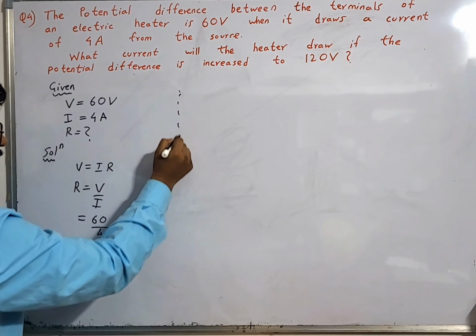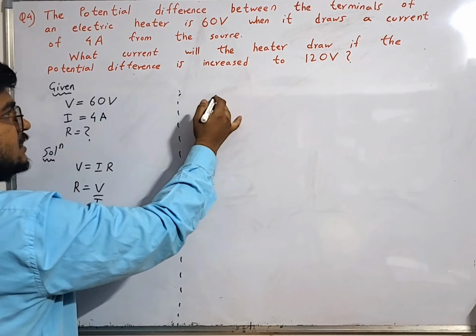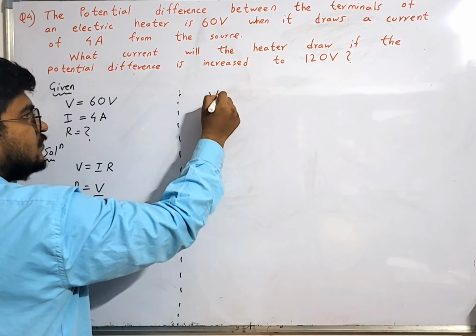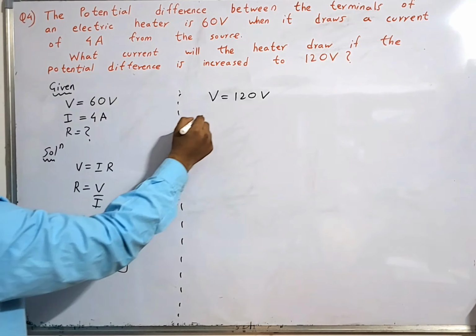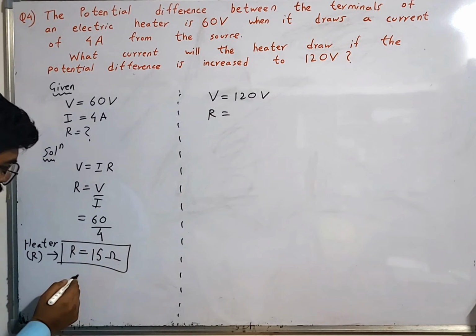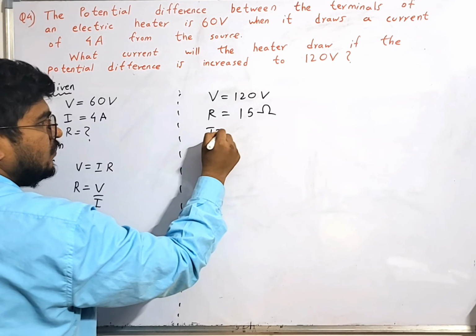So from this, we can find out the value of current in the second scenario. When the potential difference V is 120 volt and the resistance R is 15 ohm, which we have found out, we have to find out the current.